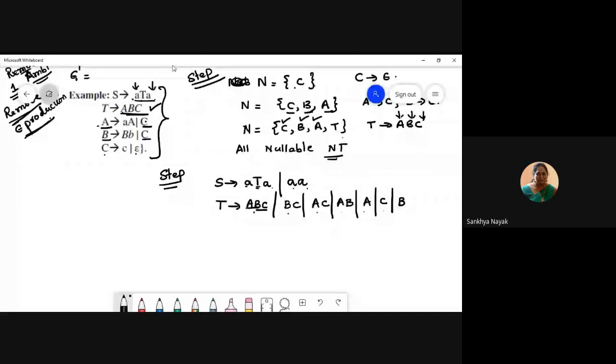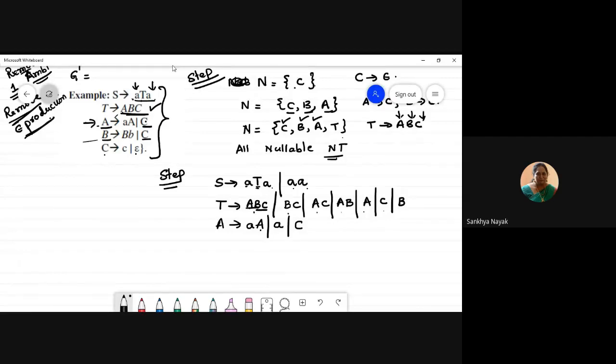Next is this production. So A is nullable. So AA, if A is not chosen to be nullable, but if A is chosen as nullable, then I have A, correct? And A derives C remains as it is.